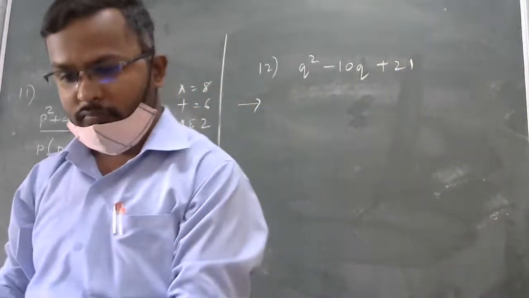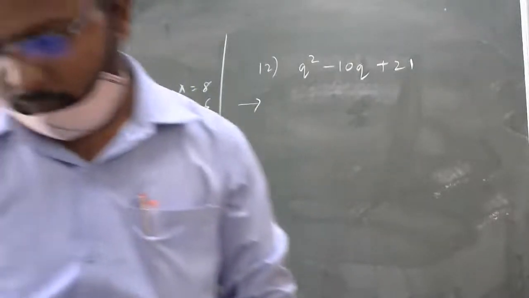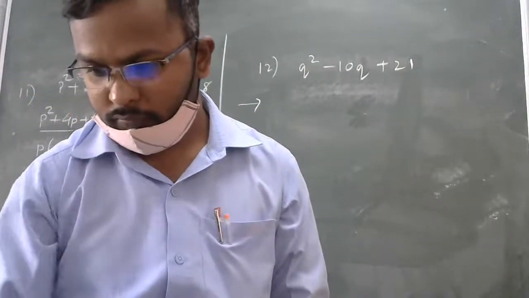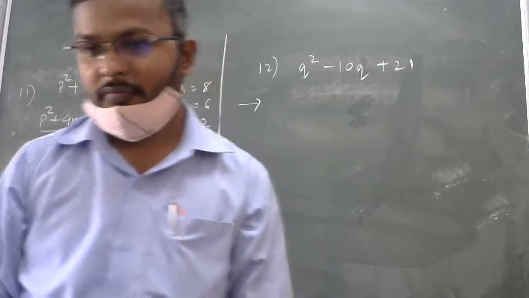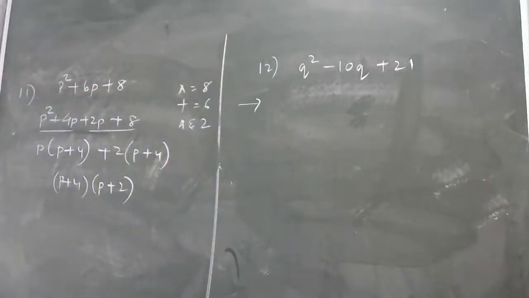So 7 and 3 will be there. करने क्या लगा बैठे बैठे between you are not every time you are not writing any sign here.